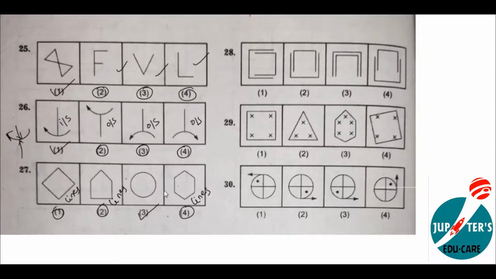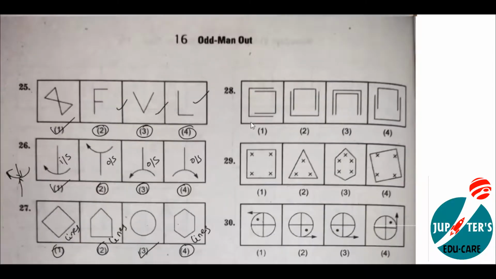Next, question number 28. See, in first option, observe this figure carefully. It is towards this direction, and again same figure opposite direction. So in option 2, this figure in this direction and same figure again opposite direction. Next, in option 4, this figure showing upwards and again same figure opposite direction.